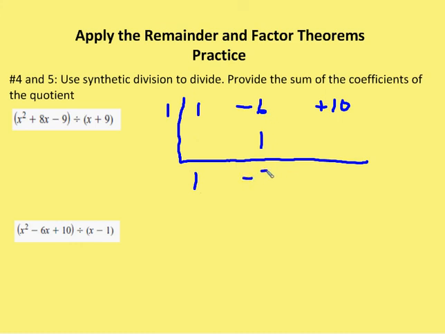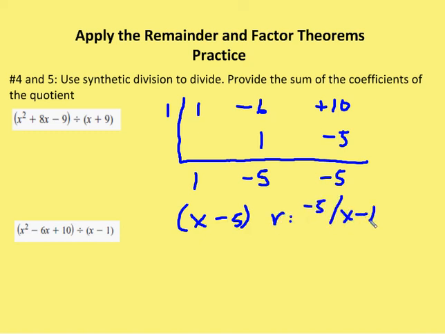I add the two together, it's negative 5. 1 times negative 5 is going to be negative 5. And then I have 10 plus negative 5, negative 5 is my remainder. So x minus 1 into x squared minus 6x plus 10 gives me x minus 5 with a remainder of negative 5 over x minus 1.